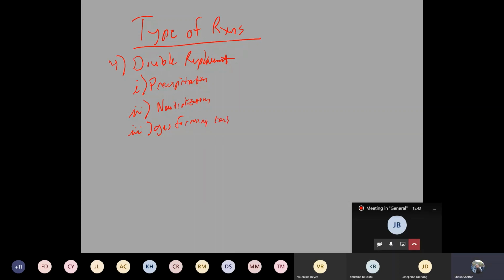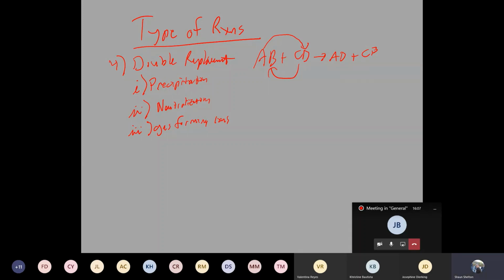So those are the 3 different types of double replacement reactions that we're going to look at. Now, in each case, your double replacement reactions are going to be the same. So you're going to form AD plus CB. So A always goes to D and C goes to B.